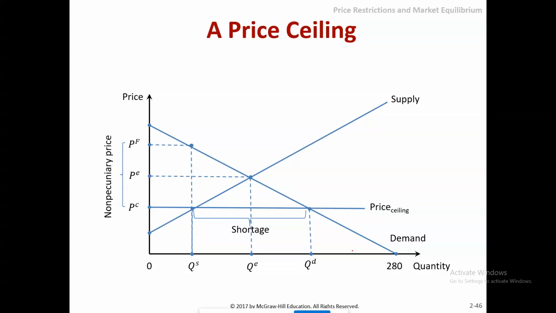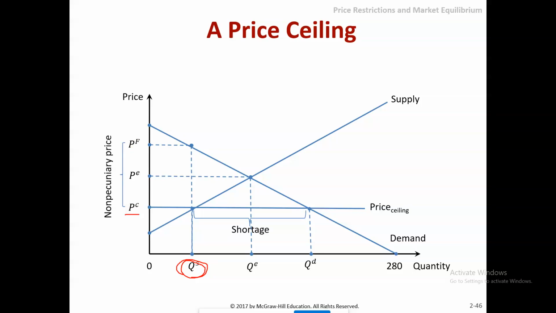And here I want to introduce a term called non-pecuniary price. So what does that mean? It means that in this situation, at such a low price setting PC, the quantity supplied is limited to QS. At this limited quantity, what is the full price the consumers are actually willing to pay? They are willing to pay PF.